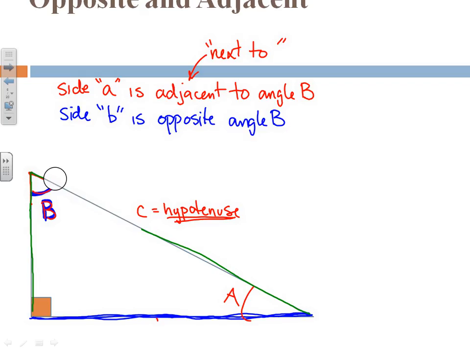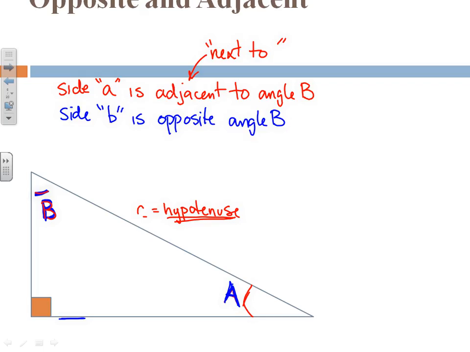For angle A, we also have opposite and adjacent sides. Only this time, angle A right here has two sides making our angle A that come together. In this case, side b is right next to angle A. Side b helps to make, with side c, the angle A itself.